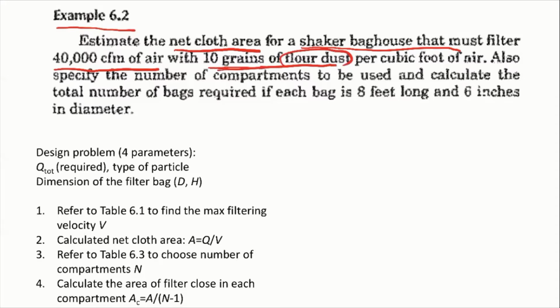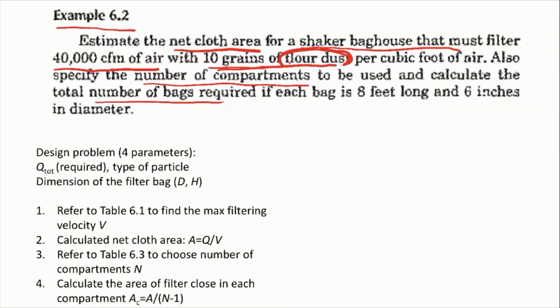It doesn't matter for the design of the baghouse filter, but the type of the particle matters a lot. Okay, so this is trying to filter out the flour dust. And it also wants us to specify the number of compartments to be used, right? And also the total number of bags required to set up this baghouse filter.